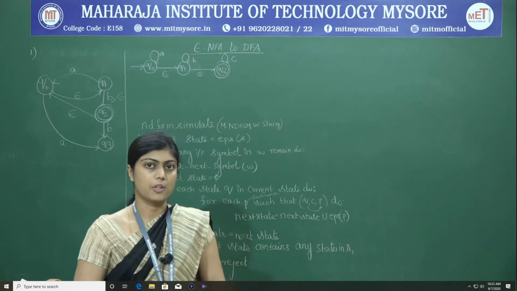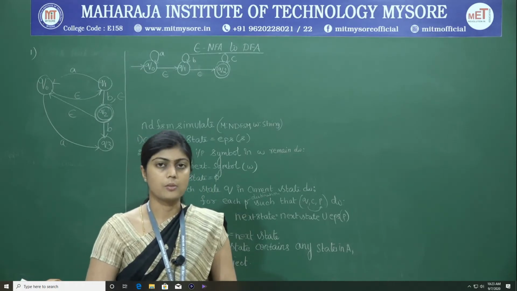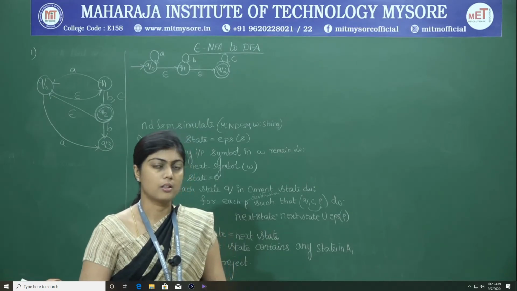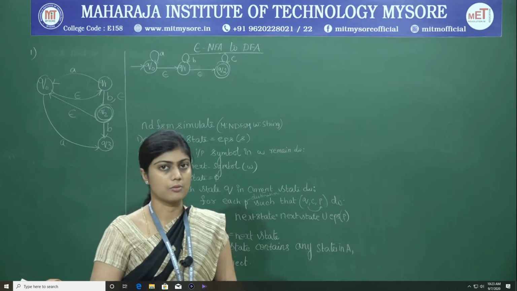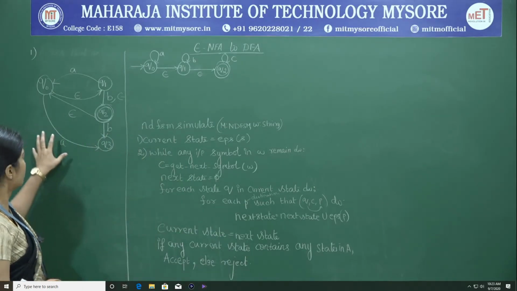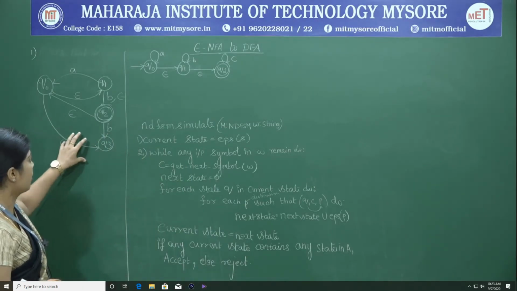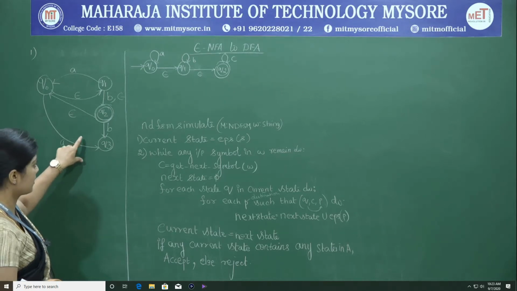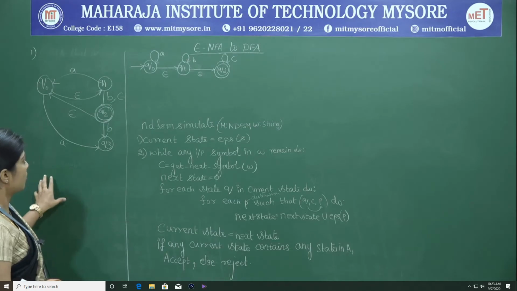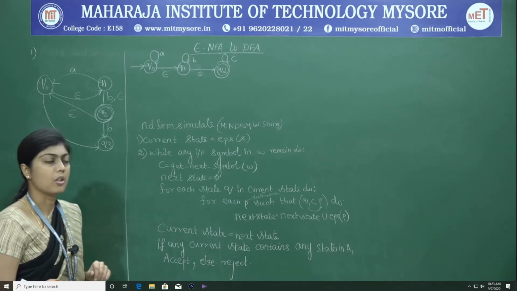So first we will learn how to find out the epsilon closure, and once we know that, we will move ahead to see how we formulate the conversion from an epsilon NFA to a DFA. So when we see here, this is an epsilon NFA. So we can determine that it is an epsilon NFA because there are epsilon transitions here.